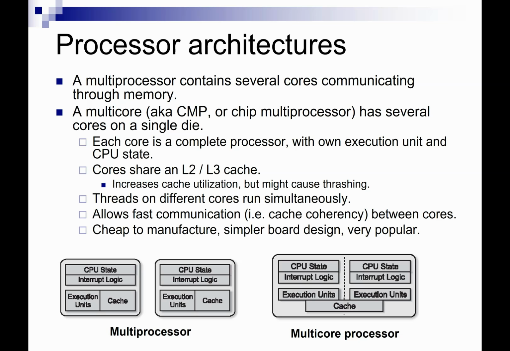There's also a lot less waste on the multi-core than on the multiprocessor. If you have a program which doesn't, for example, use up this entire cache, then you've got all this space sitting on the processor which is unused. Whereas in the multi-core case, they share the cache, and so they can make better use of that.